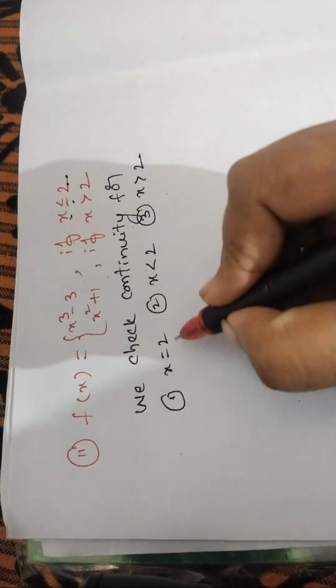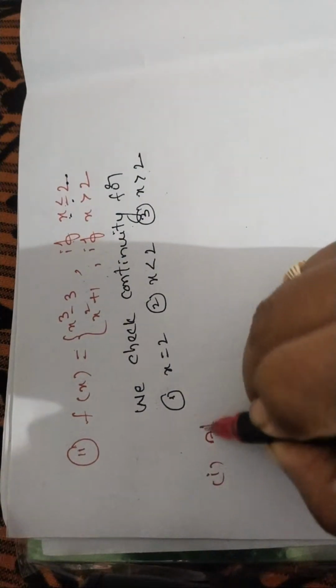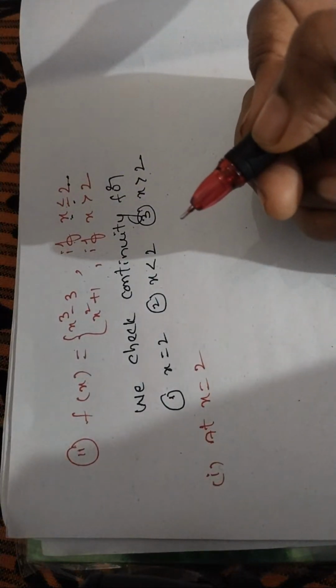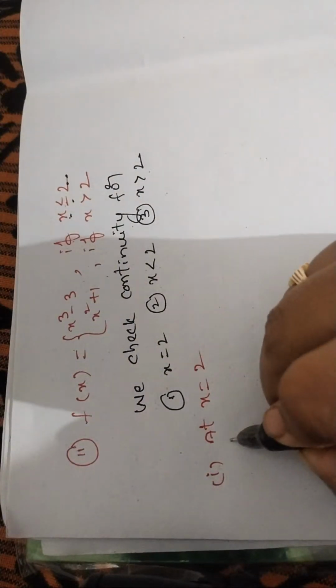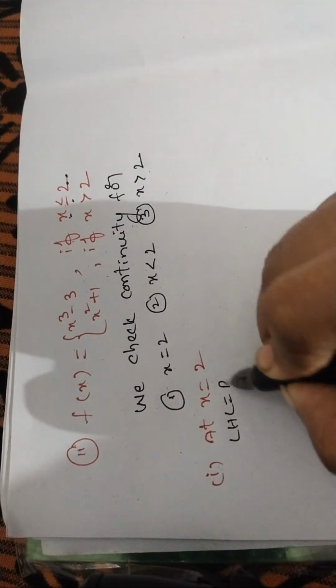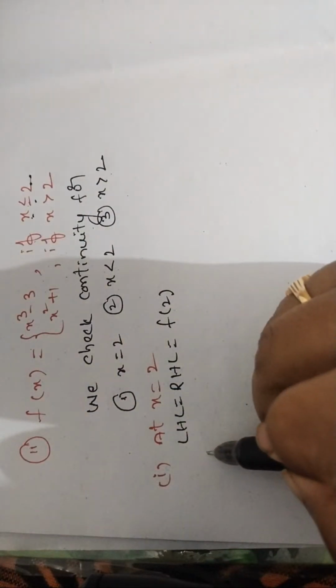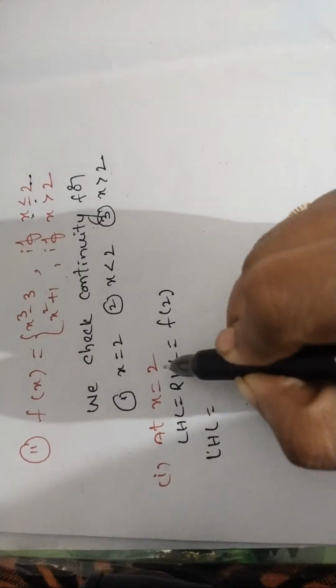So first I will use case 1. Case 1 is at x is equals to 2. So at x is equals to 2, how can we write this one? LHL is equals to RHL is equals to f of 2. Now LHL, how can we write LHL? Left hand limit for 2.